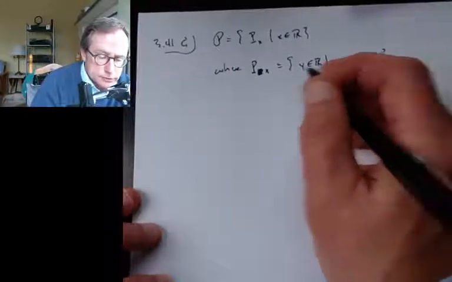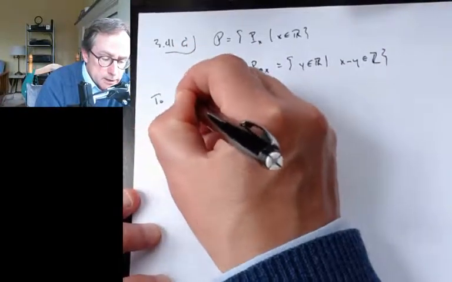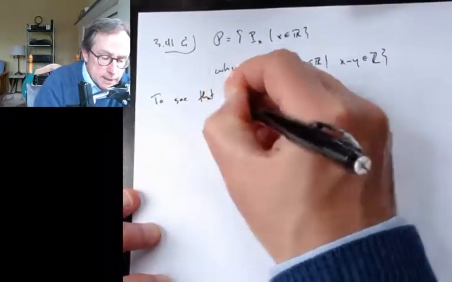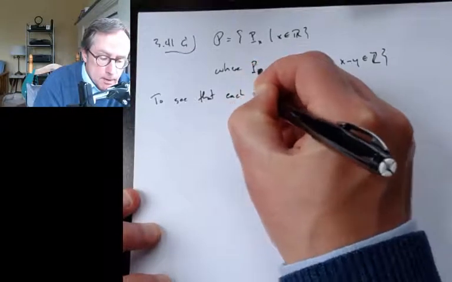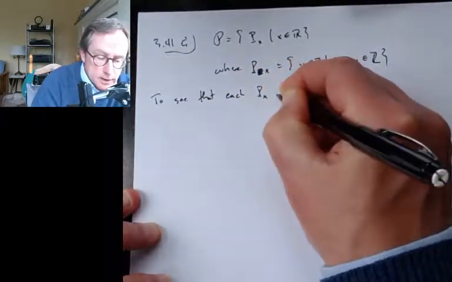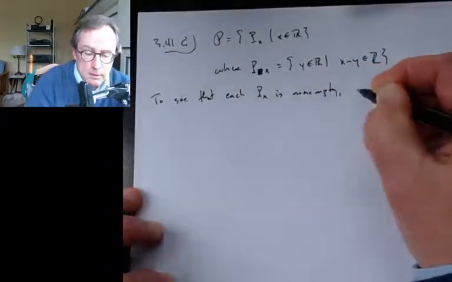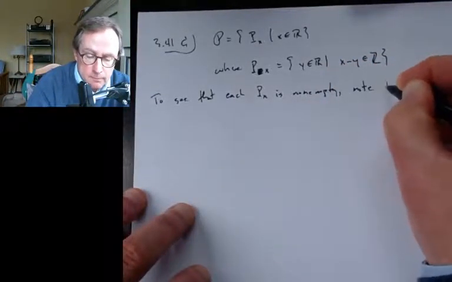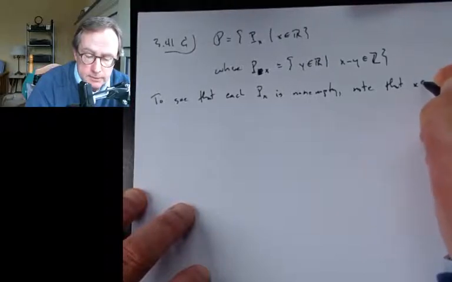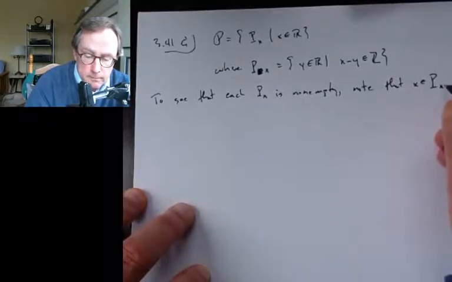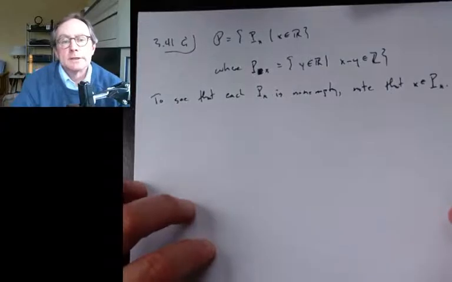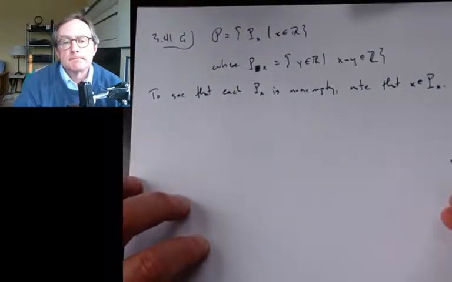So we first show that each P sub x is non-empty. Note that x is in Px. Every number has the same decimal expansion as itself.